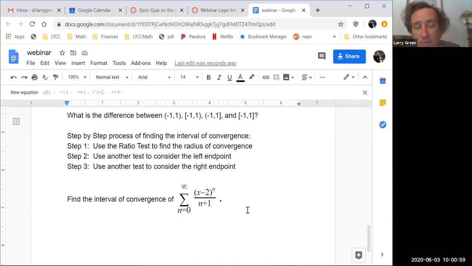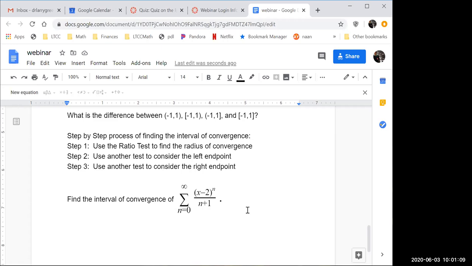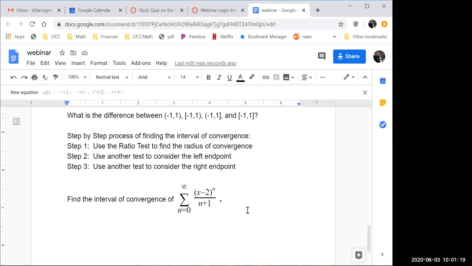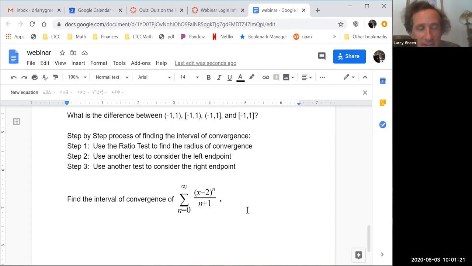Okay, so what do we do? First thing we should do? Find out where it converges. Well, that's everything we have to do. But the first step in that: do the ratio test. Let's use the ratio test.